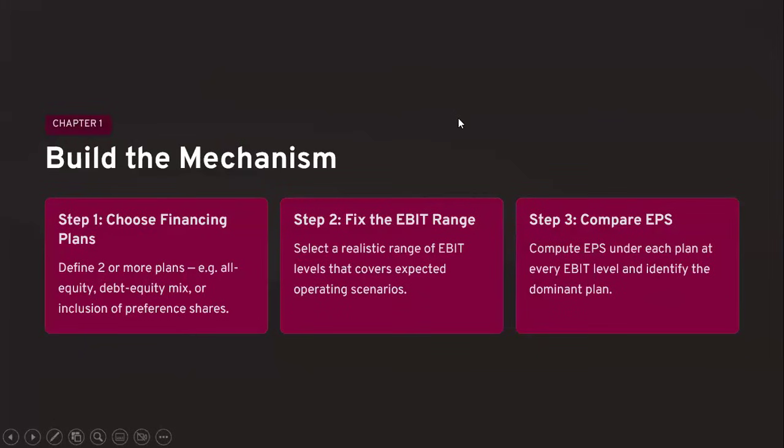So let's understand how we do it. In the first step, we have to find out the financing options, whether it is equity or debt or a combination of equity and debt, and what is the percentage or proportion of this combination.